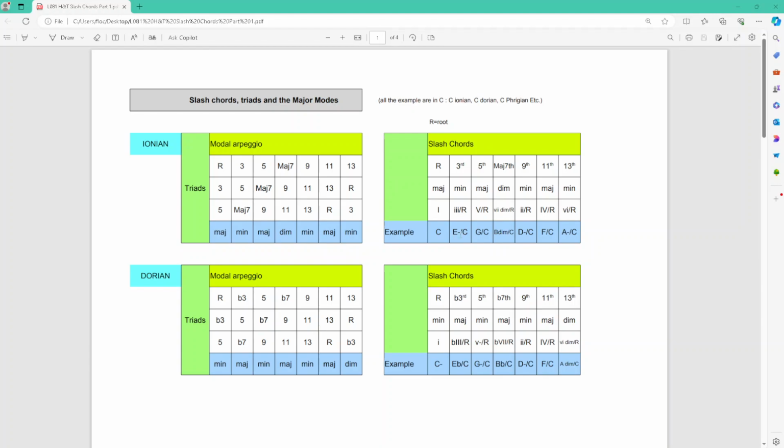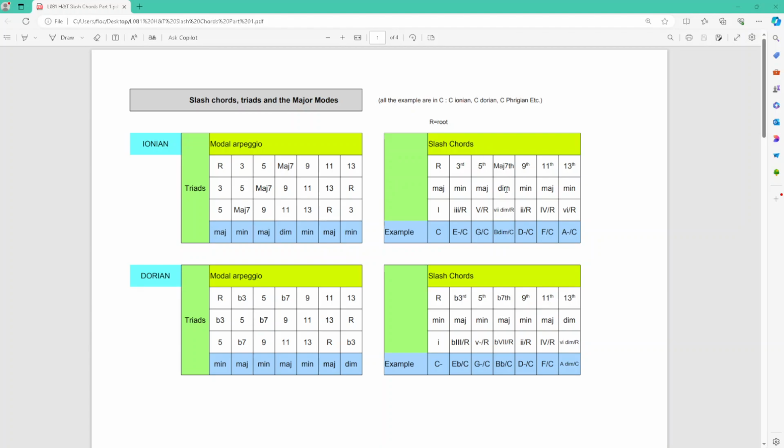So you have E minor over C. If you go from the fifth, so again, let's do this in C. The fifth of C is G. Now from the G note, you have a major triad. So you're looking at a G major triad. And the way you would spell the slash chord would be 5 over R. So G over C.